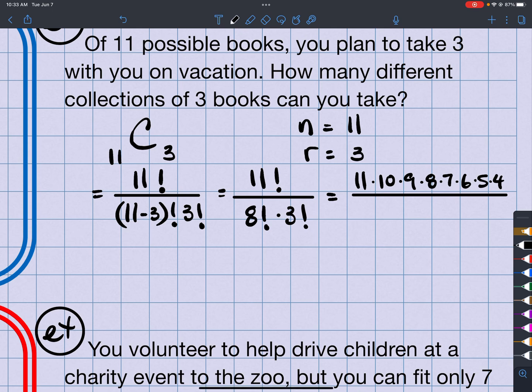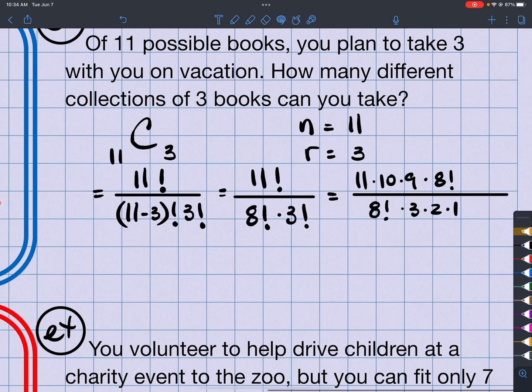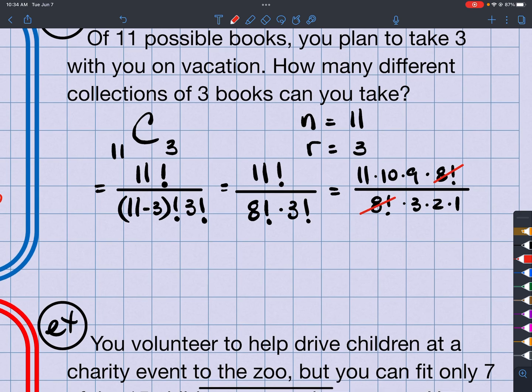Uh-oh. All right. So I guess I'm going to head back here, right? Because what we know is that it's 8 factorial. Let's just do it this way: times 8 factorial, right? So on the bottom we have 8 factorial times 3 times 2 times 1. And I can just shorten this up a little bit, right? Awesome. So we can see that the 8 factorial will cancel out. So I'm left with 3 times 2 times 1.